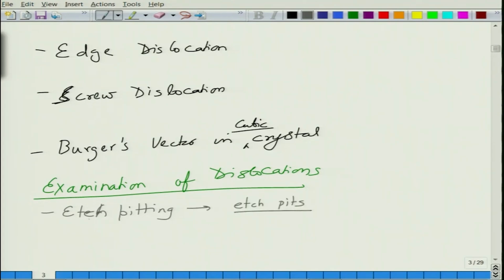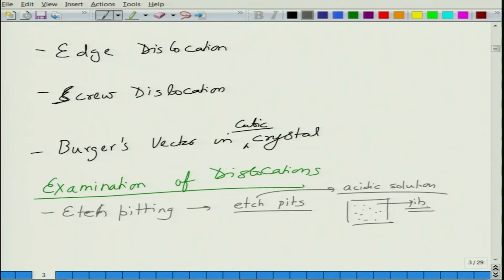The etchant is basically an acidic solution, applied to the crystal in a very controlled manner, and the places where dislocations terminate on the surface get etched more than the other regions. So, you start seeing them as pits. These could be the dark pits which are visible in the microscope.